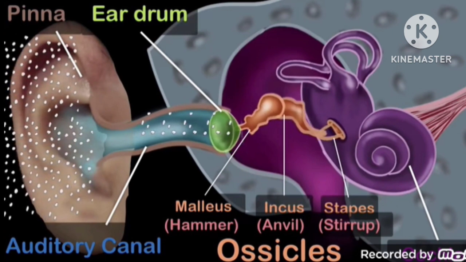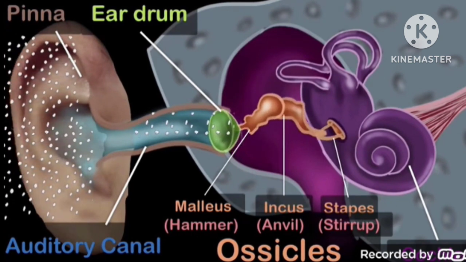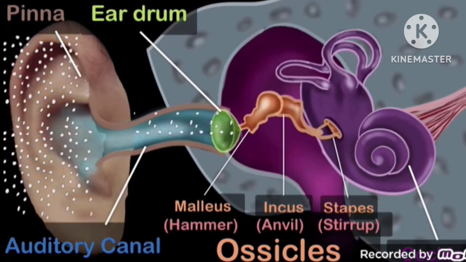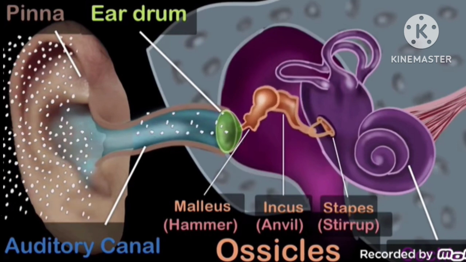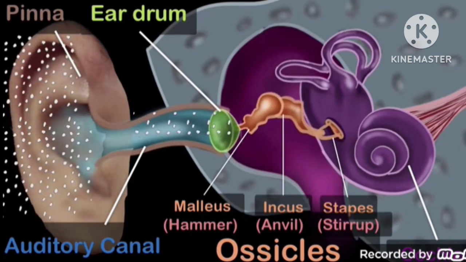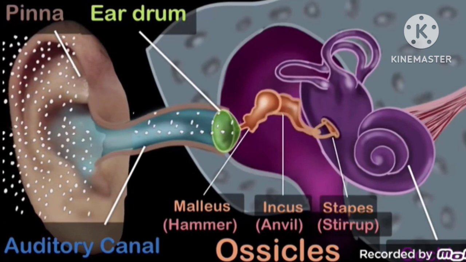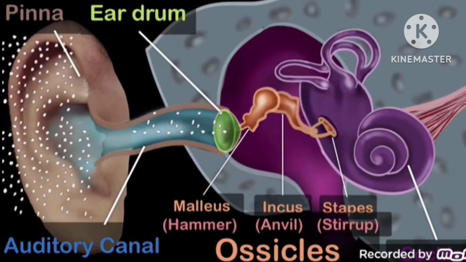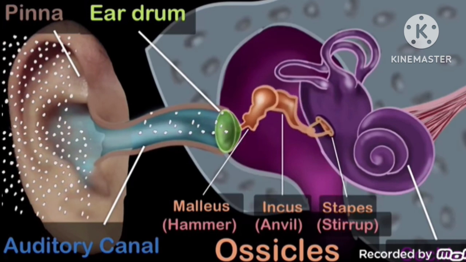What does it do? Well, these bones start vibrating to the sound. But nothing can hurt you until these vibrations get converted into electricity and sent to the brain, and that is exactly what the cochlea does. Now, the cochlea is super complex and also a little mysterious. Even today there are certain things about it which we don't know.